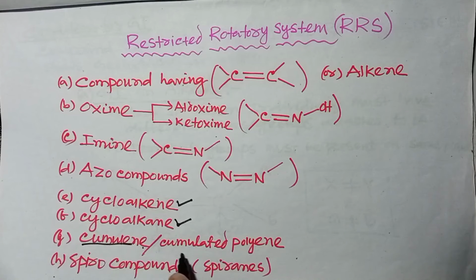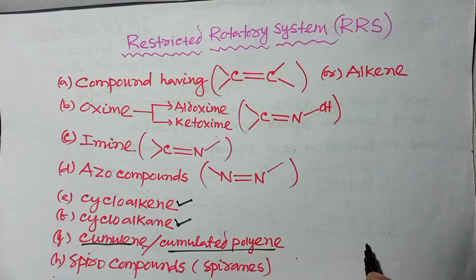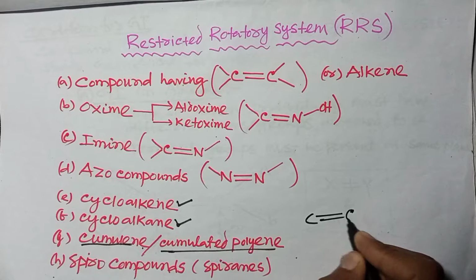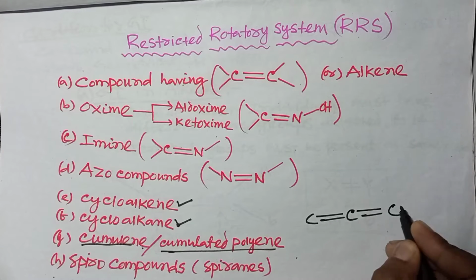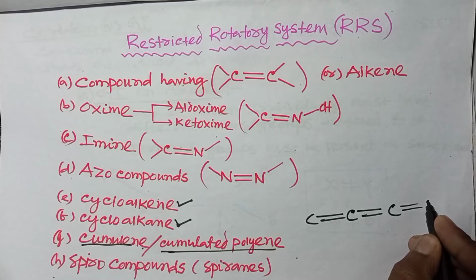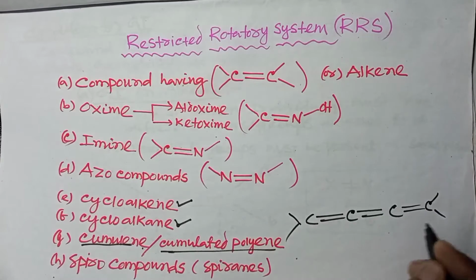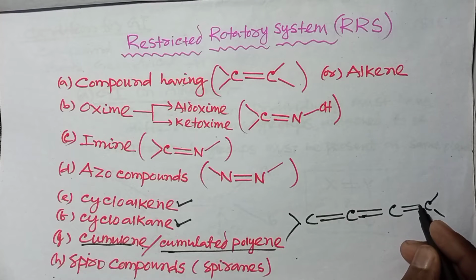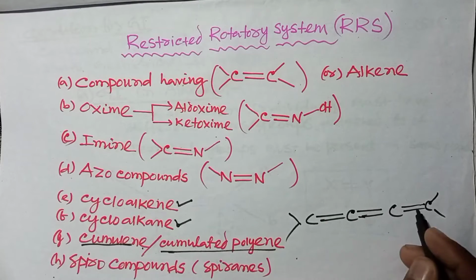Then cumulene or cumulated polyene. A cumulated polyene means a compound of this kind, where the double bonds are one after one.